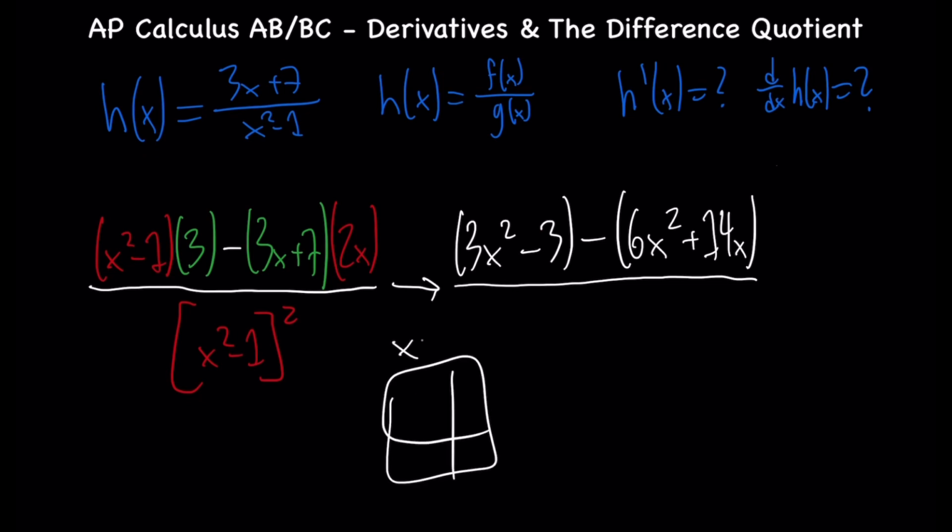For x squared minus 1 squared, you can kind of just plug that into here. Got x to the 4th minus 2x squared plus 1.